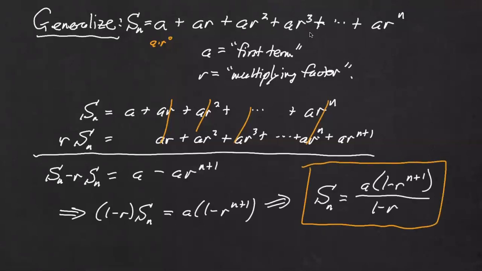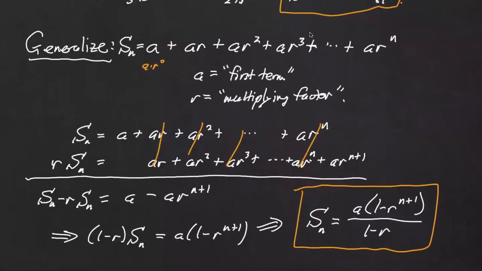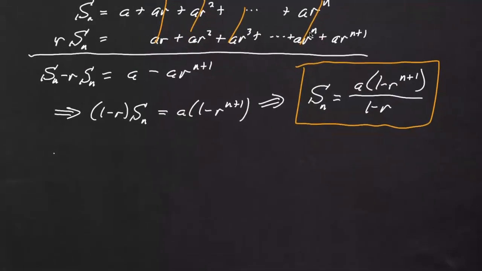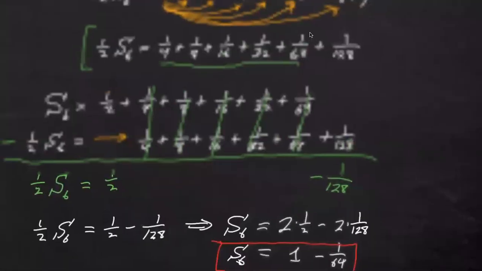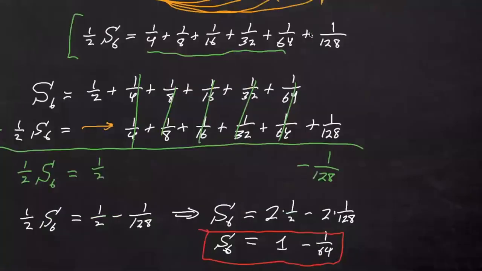We could check it against the examples we've done. Not sure if it's going to be super obvious, but the first example that we had, actually the first term was a half. And R was a half also, if I'm going all the way back to the beginning of this. And we actually, N was 6, right?